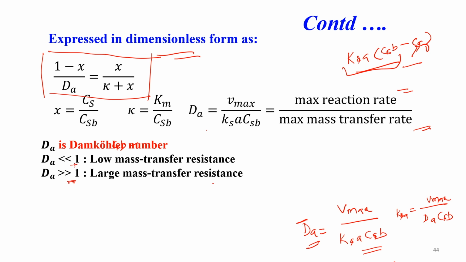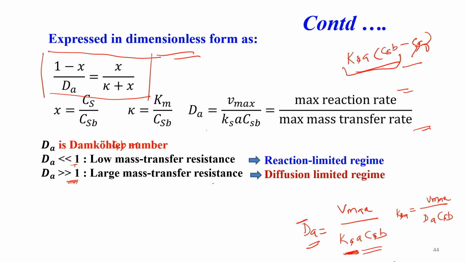If the Damköhler number is greater than 1, it means the Ks A value is low. When the Ks A value is low, what does it mean? Mass transfer coefficient is low. It means there is a large mass transfer resistance.